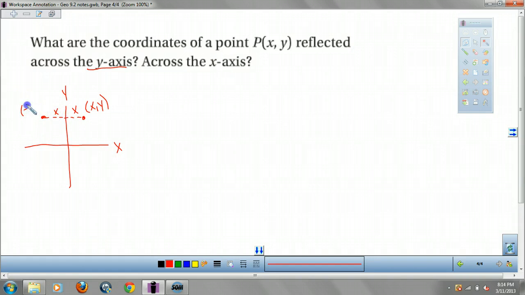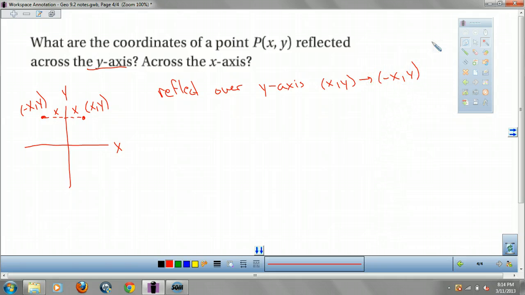So this point would be negative x, y. So when you reflect over the y-axis, x, y becomes negative x, y. So again, if I had 4, 3, it'd become negative 4, 3.